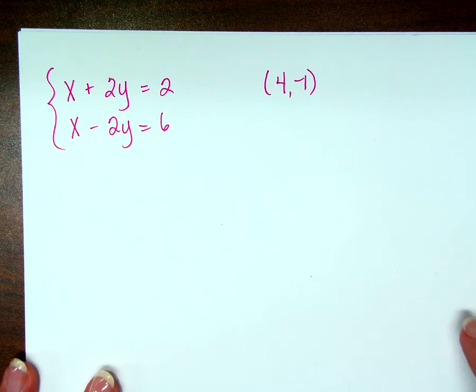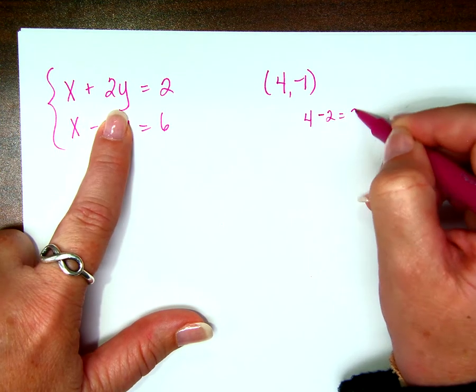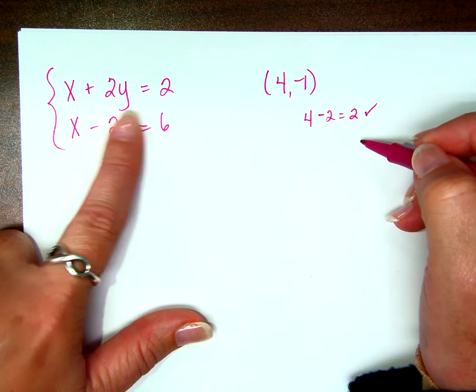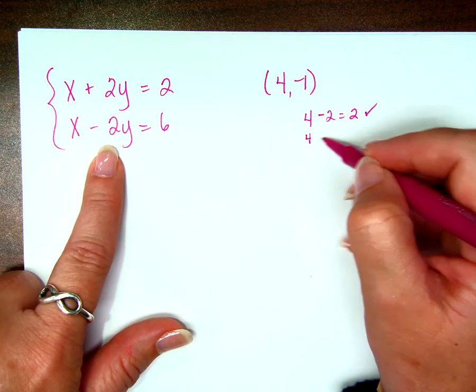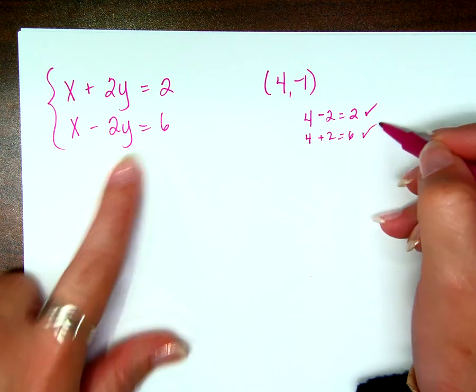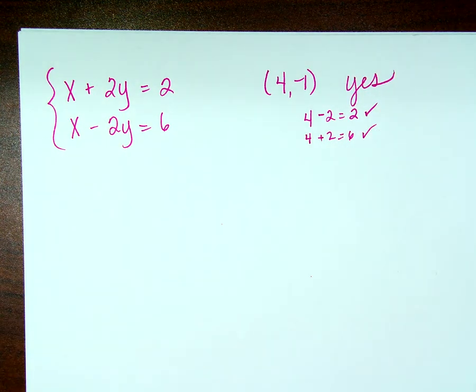So we substitute it in, right? So 4 minus 2 equals 2. 4 minus 2 is 2. Does 2 equal 2? Yeah, so it works for the first equation. What about the second equation? 4 plus 2 equals 6. That works, so yes, this is a solution to this system. Does that make sense? Do I need to do any more of those? Fairly confident about those.